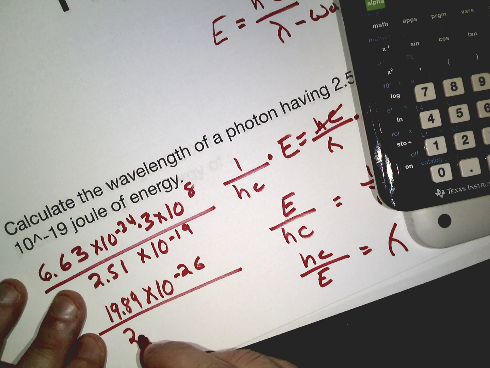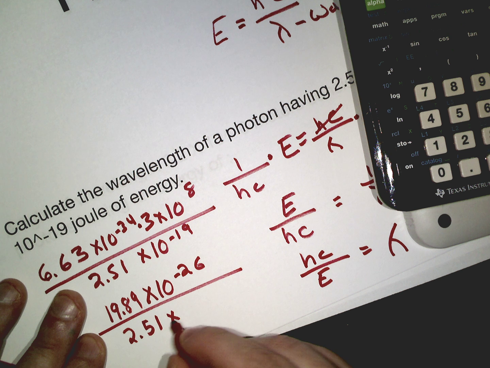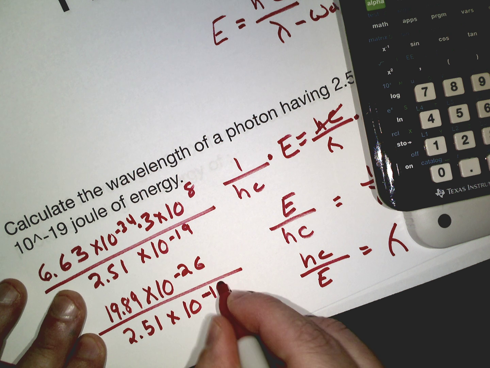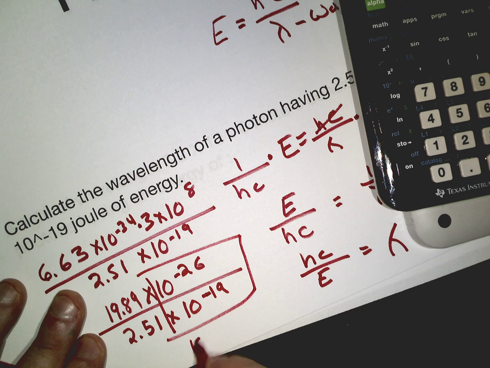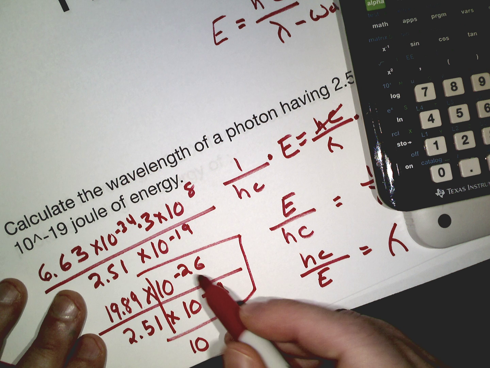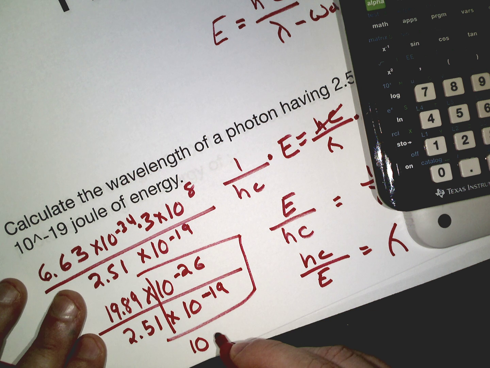Over 2.51 times 10 to the negative 19. Now, with division of exponents, remember you keep the base and you subtract. So 26 minus negative 19 should be, man, I am burnt today, negative 7.